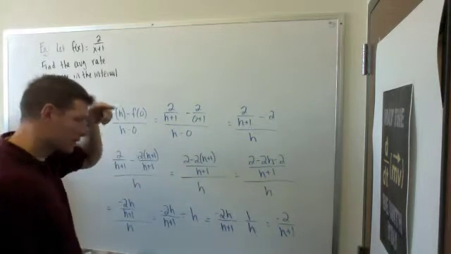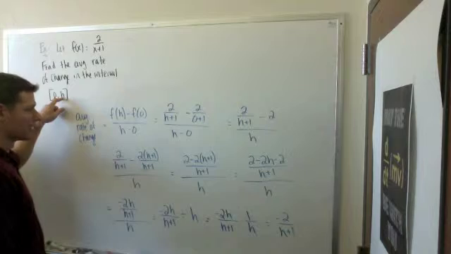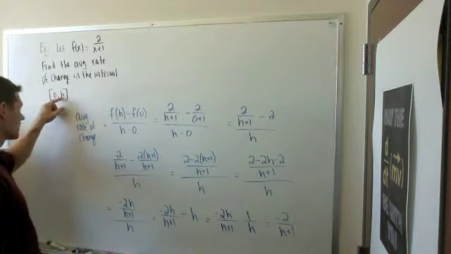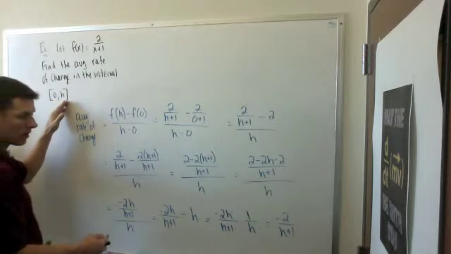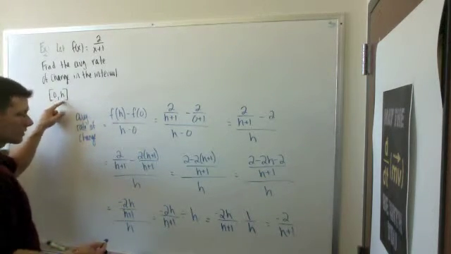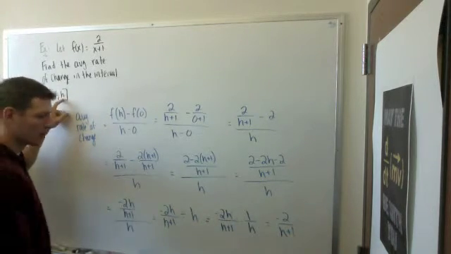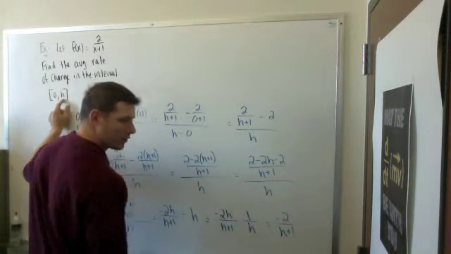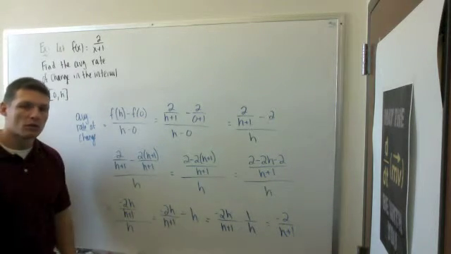Now what's great about this is that we could have done this calculation from 0 to 3, and instead of h I would have had 3, or 0 to 10, and instead of h I would have had 10. But if I do it in general from 0 to h, now I can say, if I want it from 0 to 10, just plug in 10 here. I get negative 2 over 11. So if I want it from 0 to 100, I just plug in 100, negative 2 over 101. Okay, so that's the average rate of change in this interval from 0 to h.